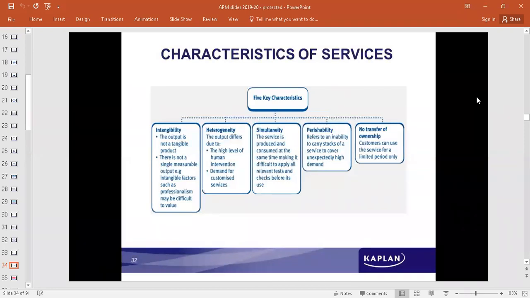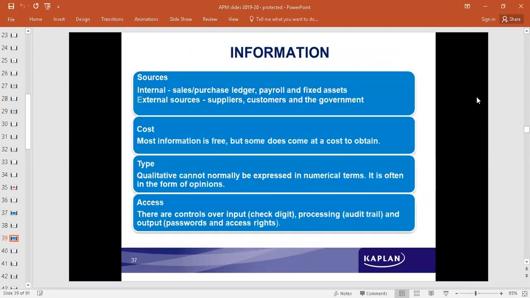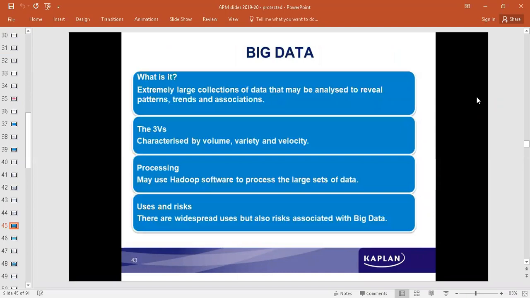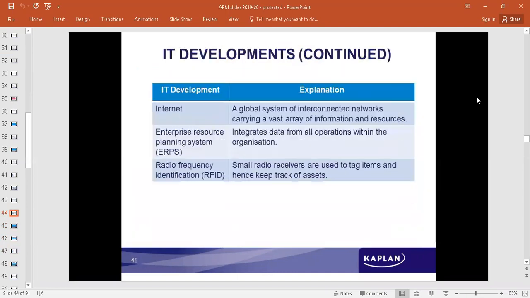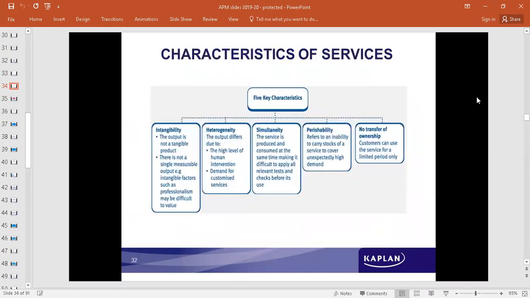The next topic: let's see what the characteristics of services are. There is one case study on the service industry, called Hallmark Hotels. But I will not start it straight away today, because we will also discuss something about other aspects, and since we've already done one case study, let's not do another today. The Hallmark Hotels case study is a 50 marks case.